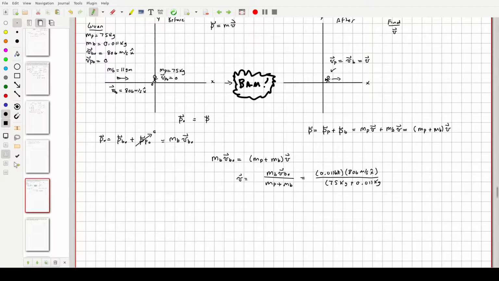Sorry about that. All right. So what's this equal to? I get, let's see, 0.011 times 806 divided by 75 plus 0.011.